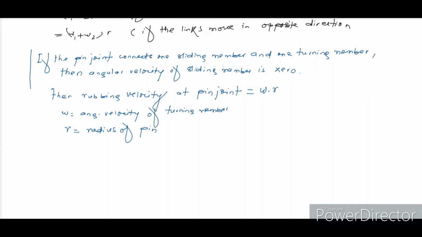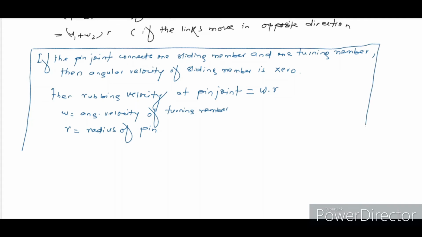So you remember this. Suppose a short question of 2 marks will be given to you, representing one link as the sliding pair member and another as your turning member. And suppose one surplus data will be given to you, omega 2. But that should be 0, remember, if it is a sliding member.